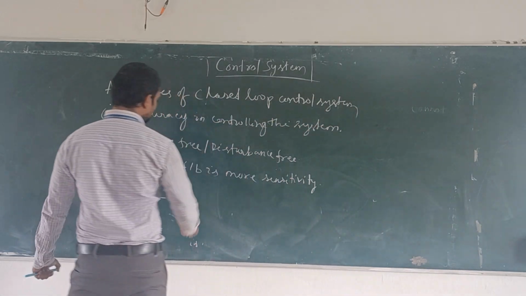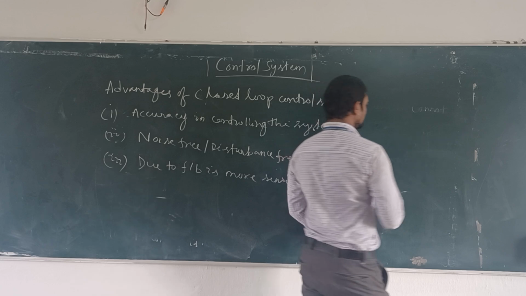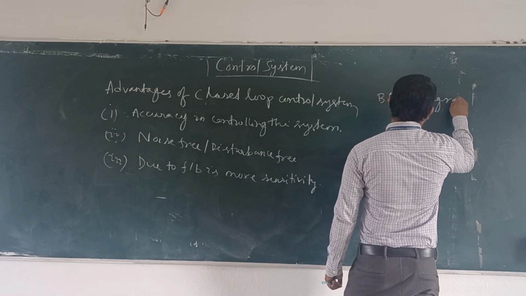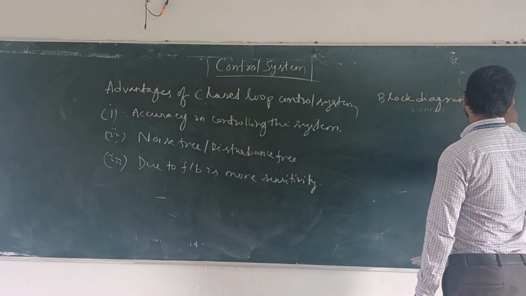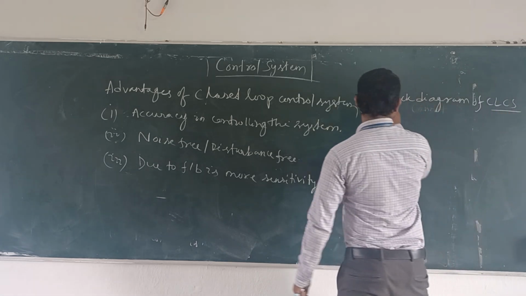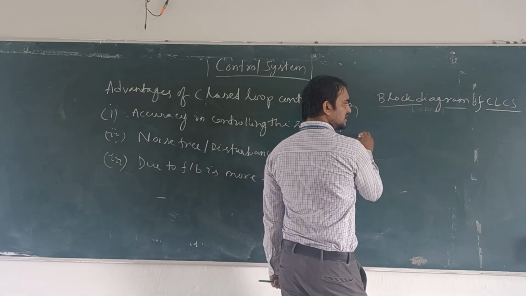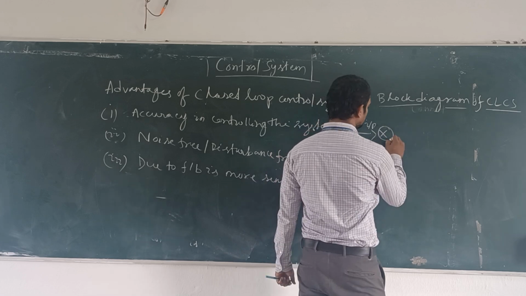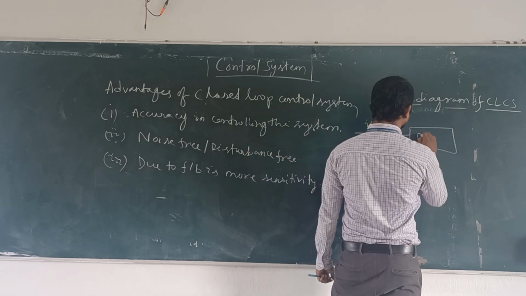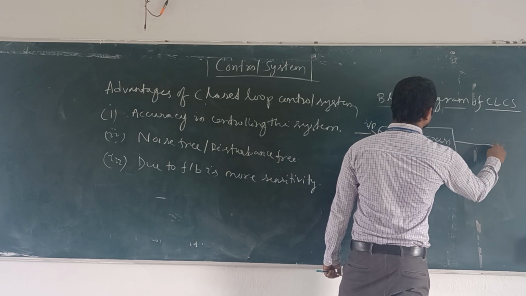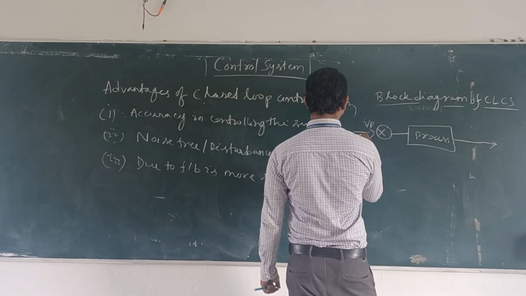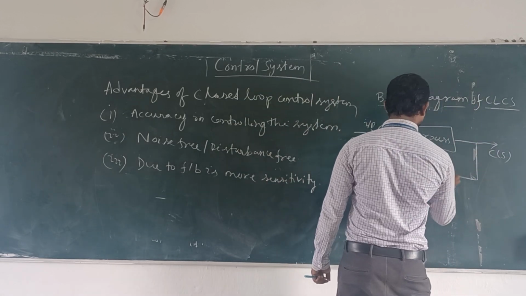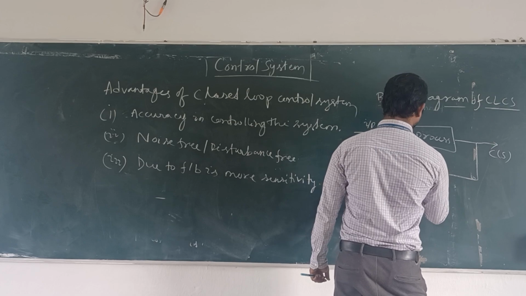Now the block diagram of a closed loop control system: here we have the input, here the summation point, here the process, and here the output, and this is known as our feedback loop.